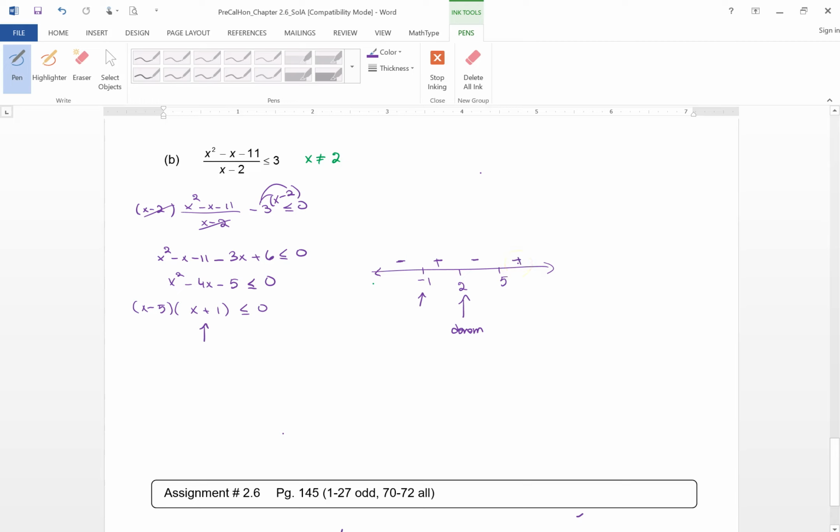If we got a positive there, after 5 should it be a negative? It should be a negative, yes. Okay, so what I want is the negative regions here and here, but remember it cannot equal 2. So it's negative infinity to negative 1 with a bracket, and 2 with parentheses, 5 bracket.